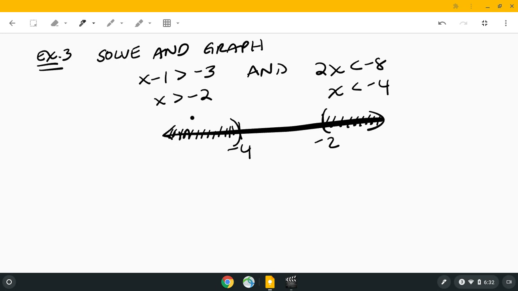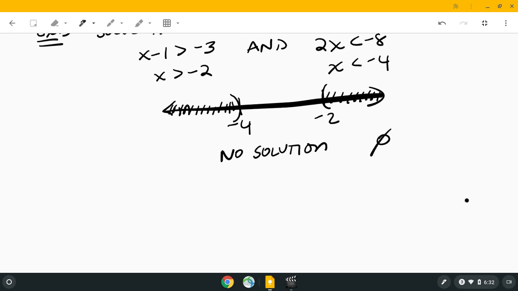These are all the x values that would make this one true, and these are all the x values that would make this one true. So there isn't one that makes both true because they don't overlap. So here you would say no solution. Okay, if you were to use the set builder notation, you would write the empty set.